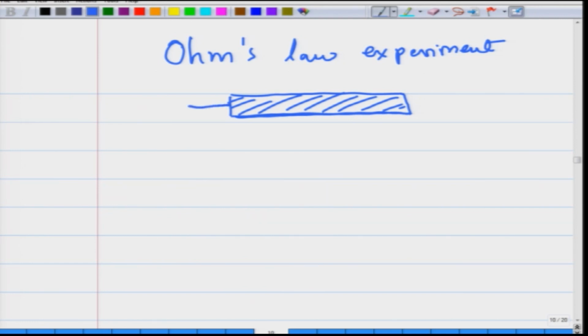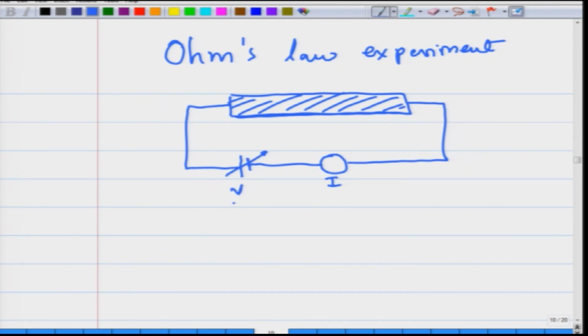You connect two leads to the ends of this piece of metal, you connect it to a battery, and when you connect it to a battery, you can change the voltage given by the battery and you can measure how much is the voltage drop across the metal and how much is the current I which is flowing through the metal.